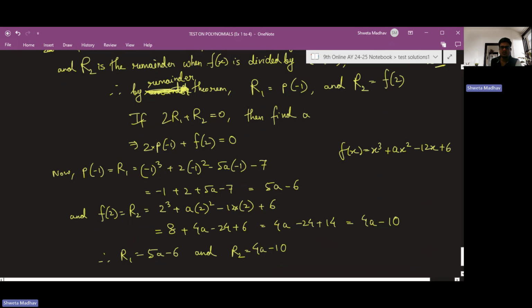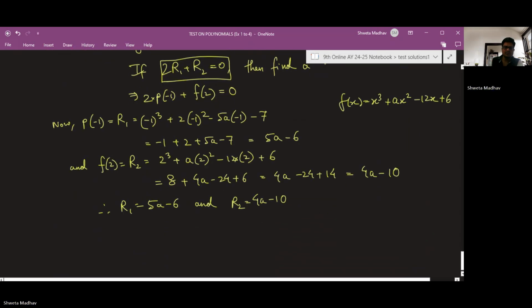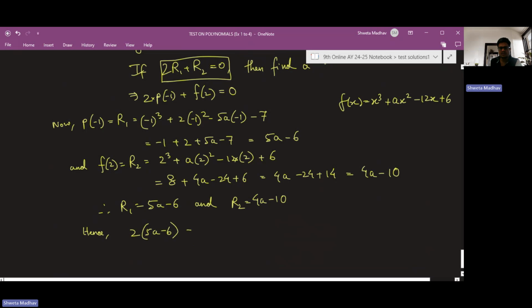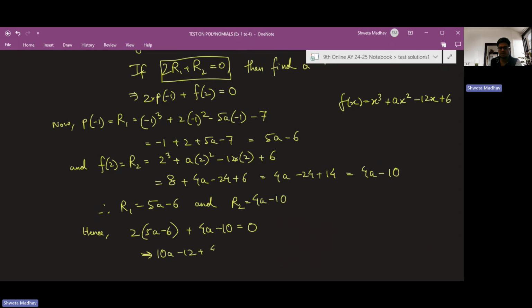So then it is told 2R1 plus R2 should be equal to 0. So hence we can say that 2 into 5a minus 6 plus R2, which is 4a minus 10, should be equal to 0, which means that 10a minus 12 plus 4a minus 10 should be equal to 0.